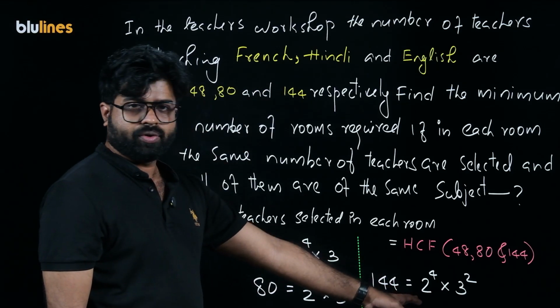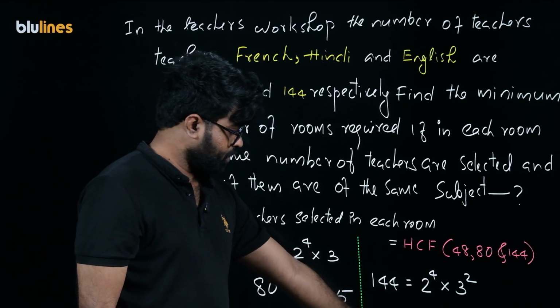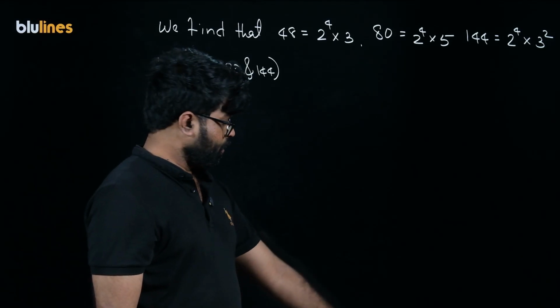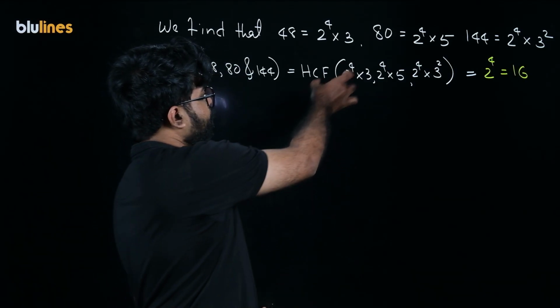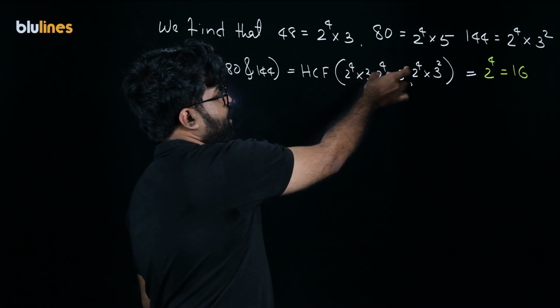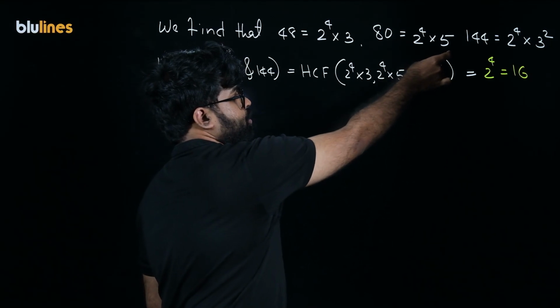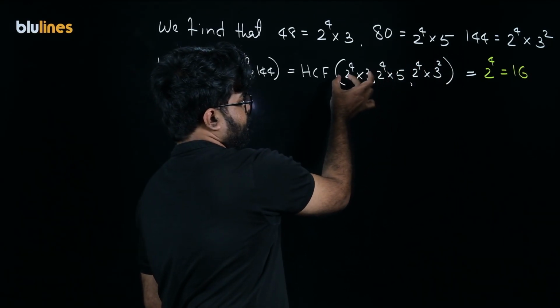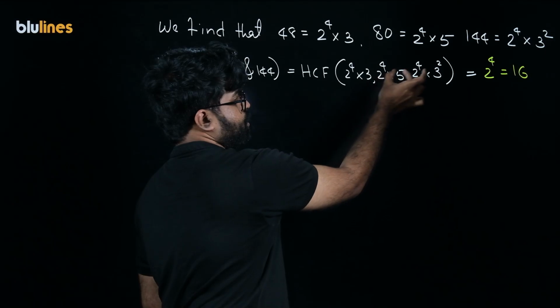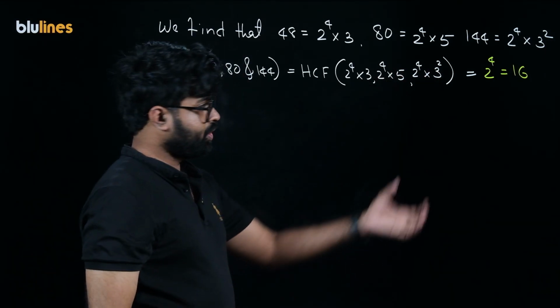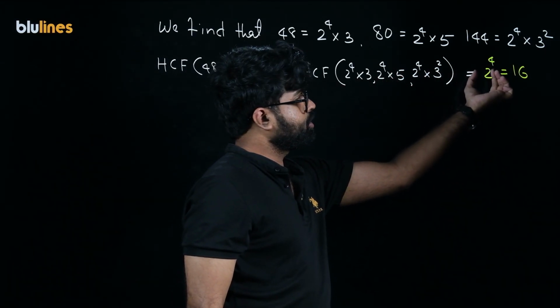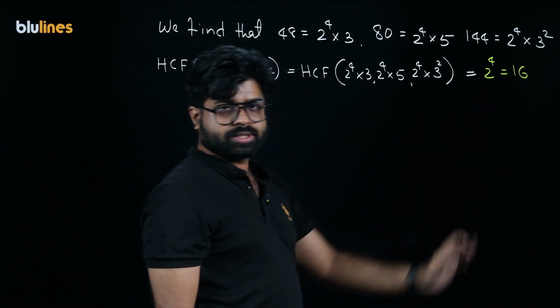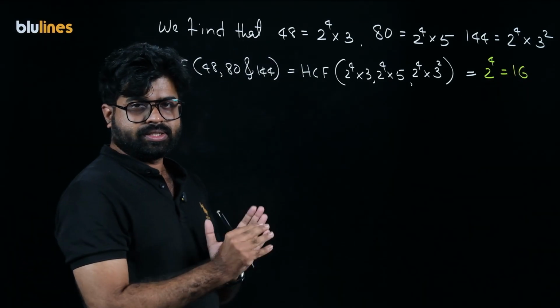Similarly, 144 can be written as 2 raised to 4 multiplied with 3 square. From this, the HCF of 2 raised to 4 into 3, 2 raised to 4 into 5, and 2 raised to 4 into 3 square: here there is a 2 raised to 4 common in all of them. So the HCF of these numbers is equal to 2 raised to 4, which is equal to 16.